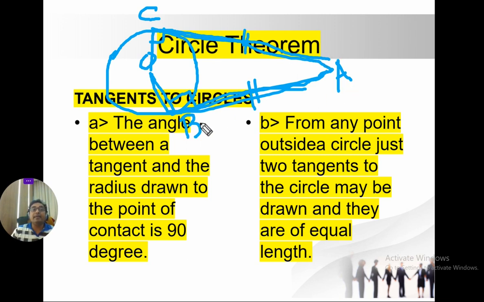So ये हो गया आपका AB is equal to AC. That means both the two tangents are of equal length.